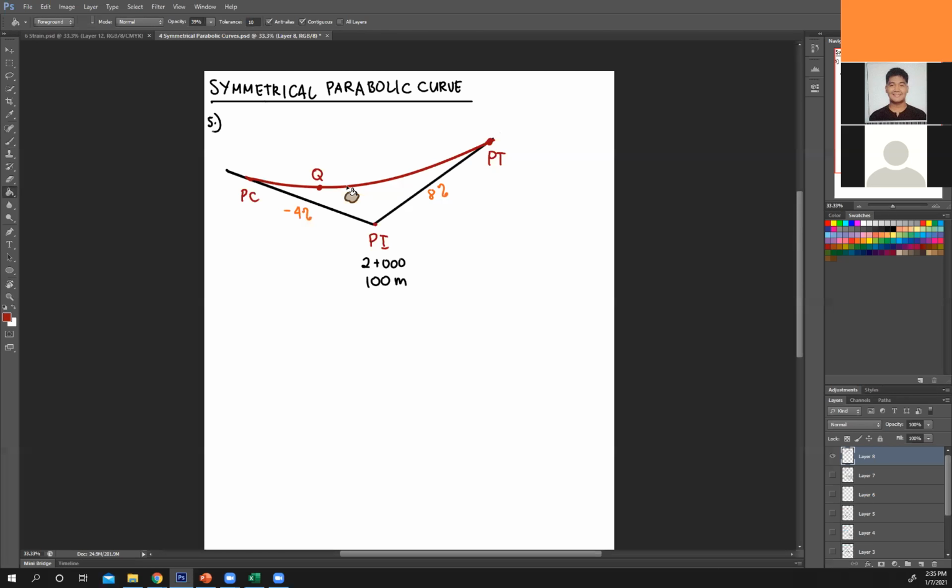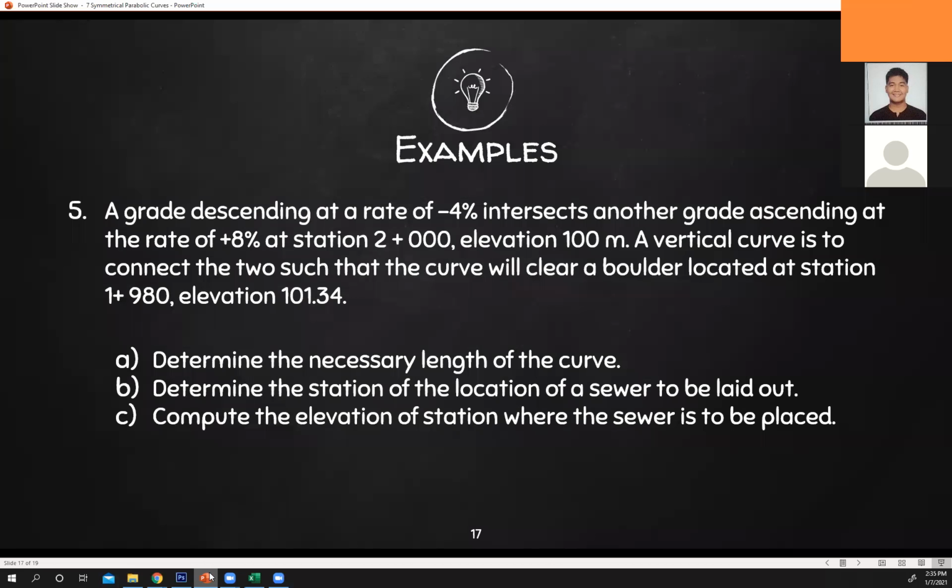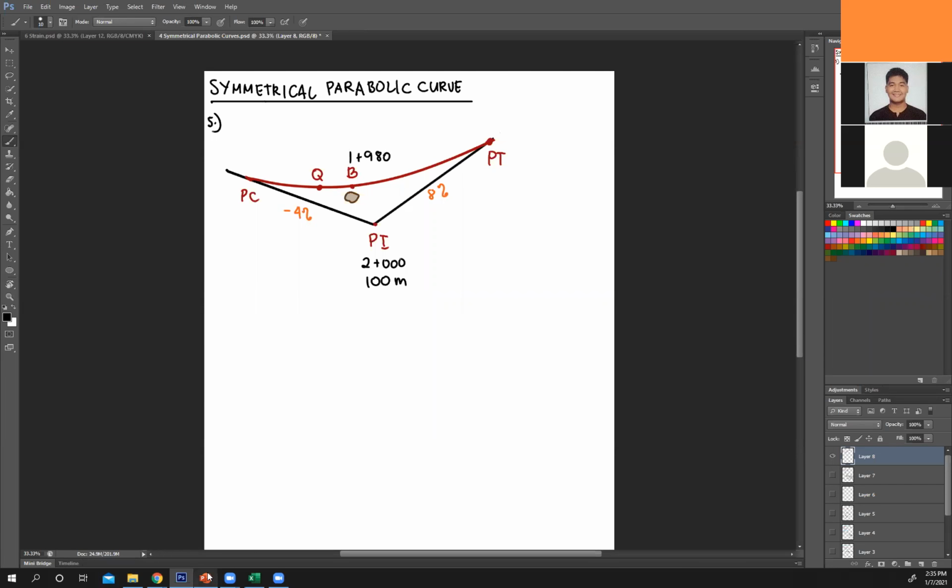Let's call that B. So B. Then stationing of that is 1 plus 980. And then it has an elevation 101.34.